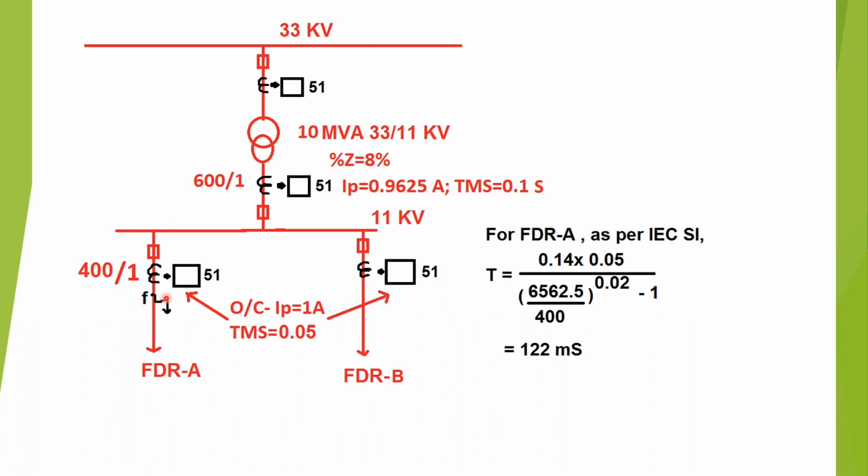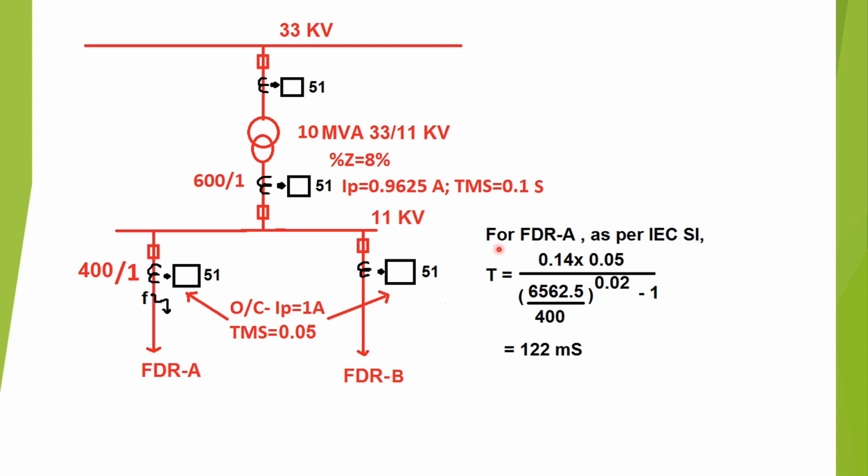Since the fault point is very close to the 11 kV bus, this fault current will be equal to the maximum through fault current, that is 6562.5 ampere. So here the PSM becomes 6562.5 divided by 400, since pickup is 1 ampere in terms of secondary value, or 400 ampere in terms of primary value. Here I have calculated PSM as per primary value.